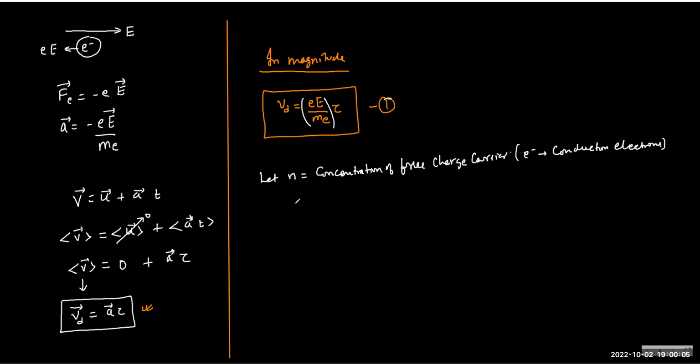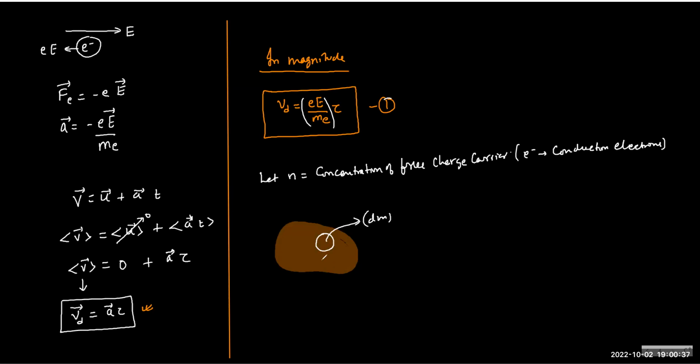So n is such a quantity which can be derived very easily. So how to derive n? Imagine any metal. It may be gold, silver, or copper. Anyway, if we have a metal, take any small part of mass dm.